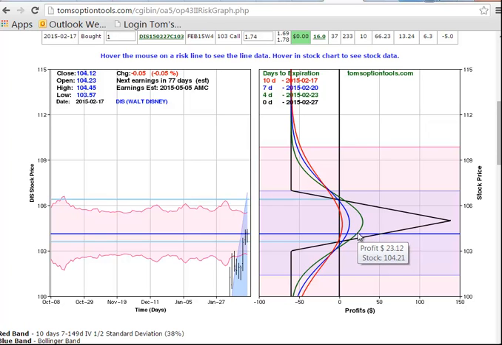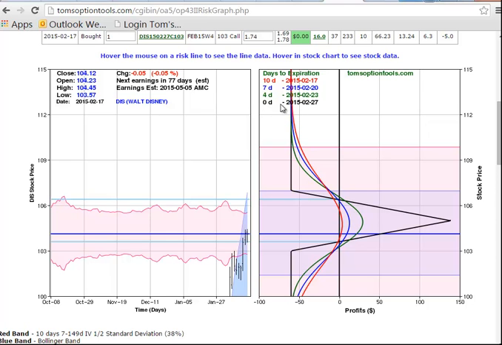So what I'm seeing here is, as the stock moves into the zone, which gets to 105, if it happens before 2/23, I'm not going to make 100% return. I'm going to make somewhere around $30 for about $60 spent, so about 50% return, which isn't bad for 7 days. But really what we want to do is see how the profit potential looks for when I think I'm going to trade it.